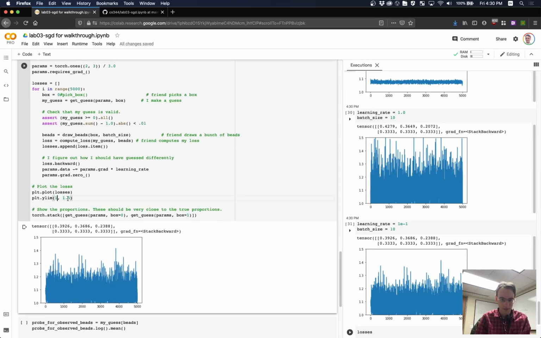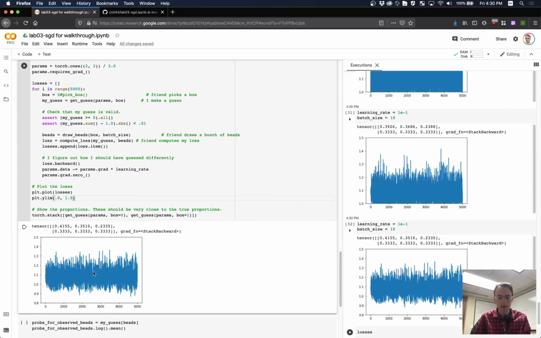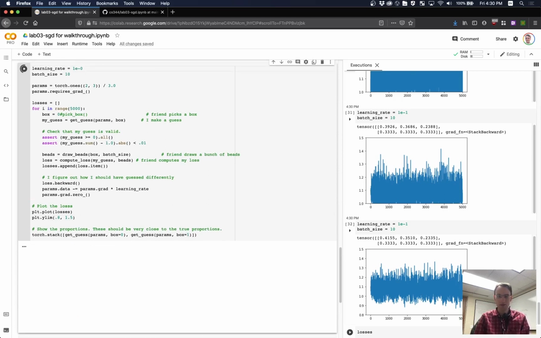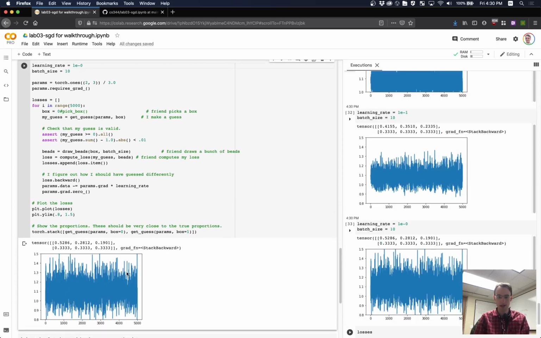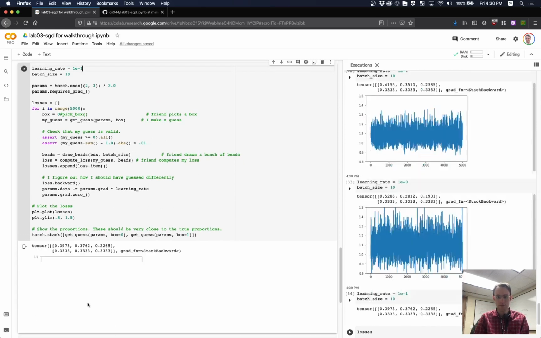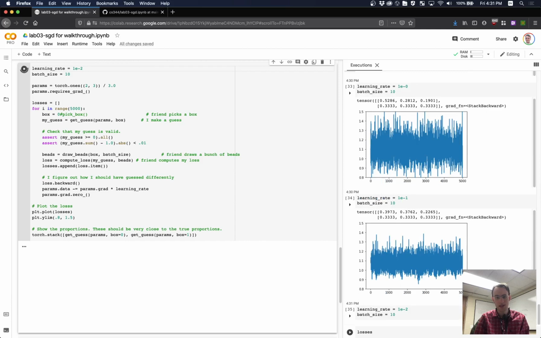Let me tweak the y limits a little bit so we can see 0.8 to 1.5 maybe. Okay, so I'll just do that contrast again. So we had from learning rate of 1 massive variance, learning rate of 0.1 tames it down, so we're making smaller steps. Learning rate of 0.01, 10 to the negative 2.